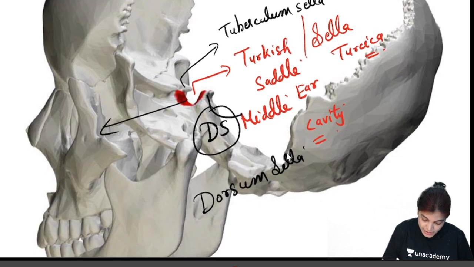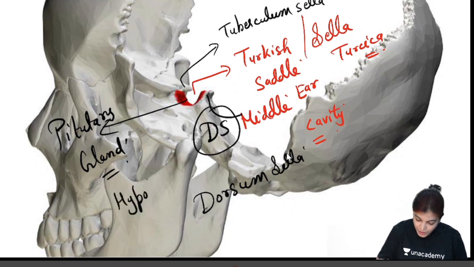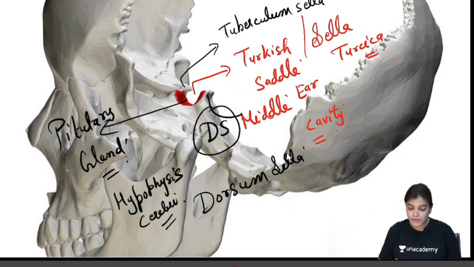It contains an important gland, the pituitary gland. Because of this it is also called the hypophyseal fossa, because the other name of the pituitary gland is hypophysis cerebri.